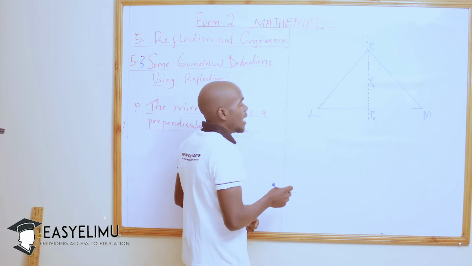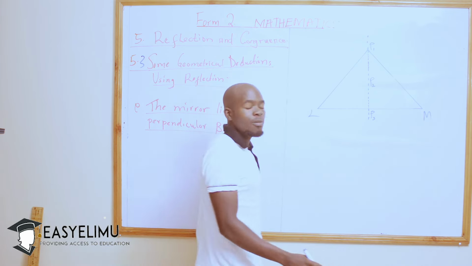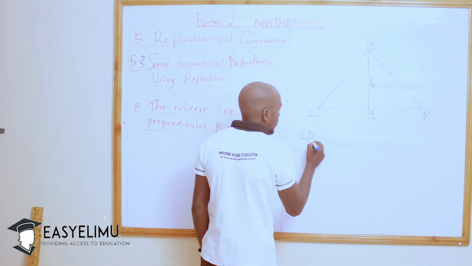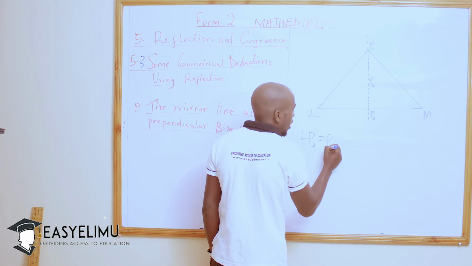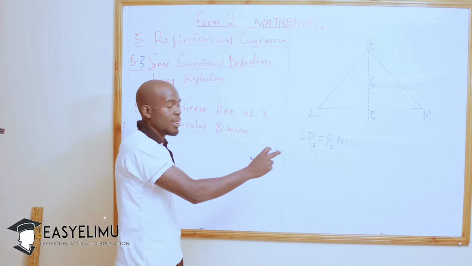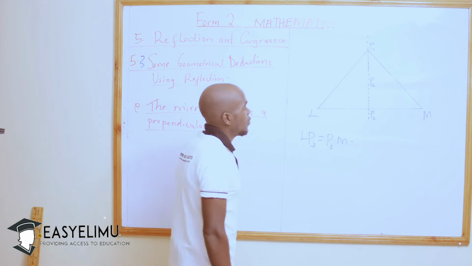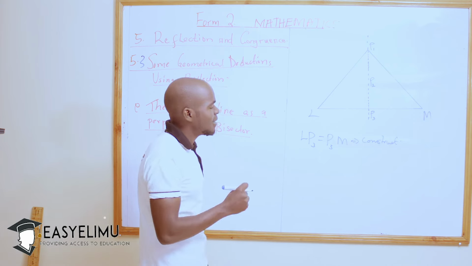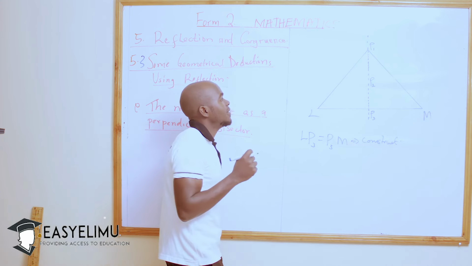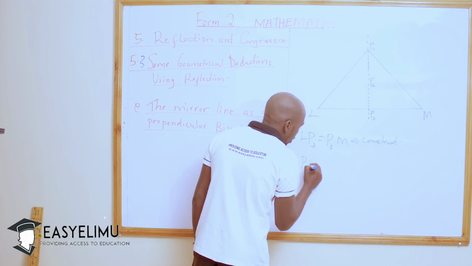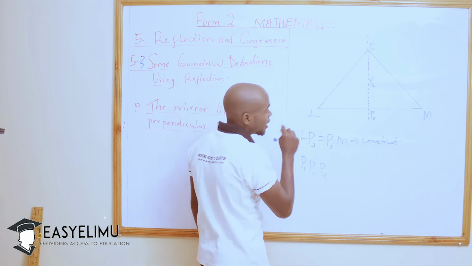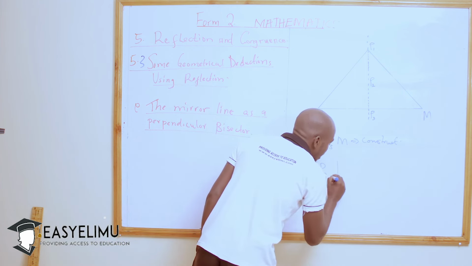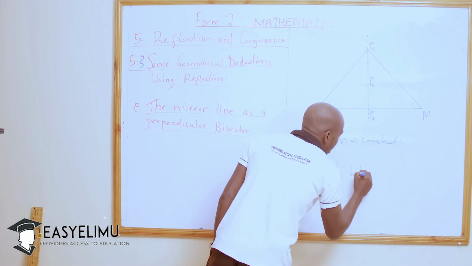That means that line LM has been divided into two equal parts. That is LP3 being equal to P3M. And that one you can see there if you do construct. So if that is the case, then it implies that if this P1, P2, P3 is present there, then it is a perpendicular bisector to line LM.